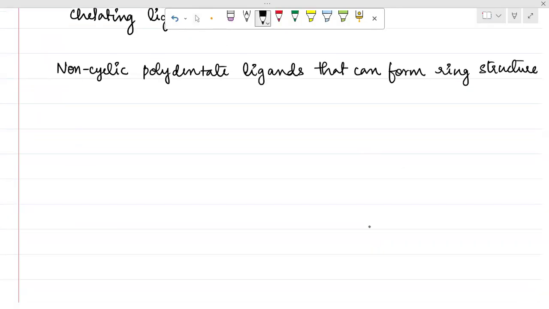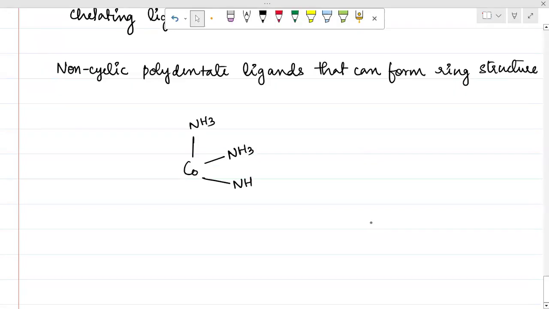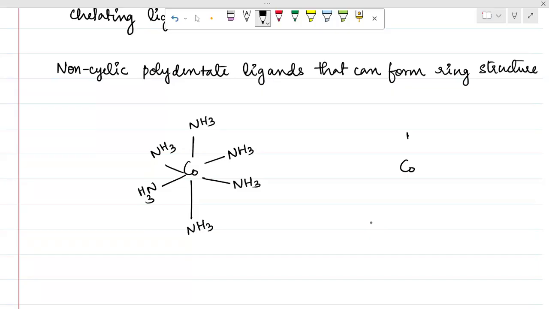Let me tell you one example. Let's say you have cobalt NH3 6 times. This is one structure where no ring formation has occurred. You have 6 nitrogen donors. And you have cobalt ethylene diamine, we spoke about ethylene diamine, right? Like this.